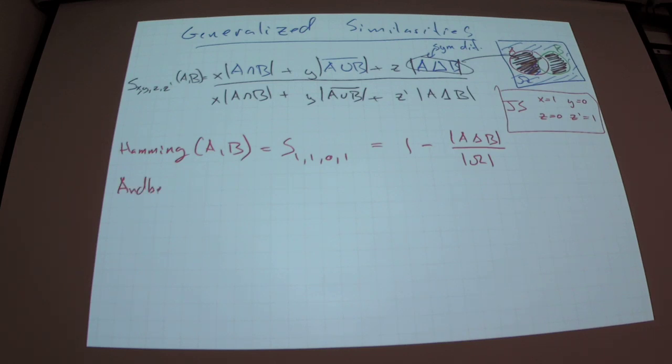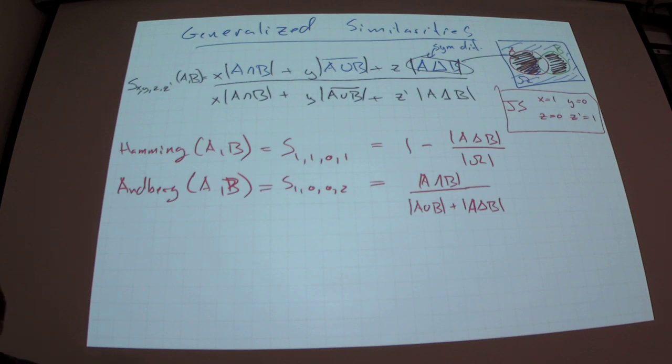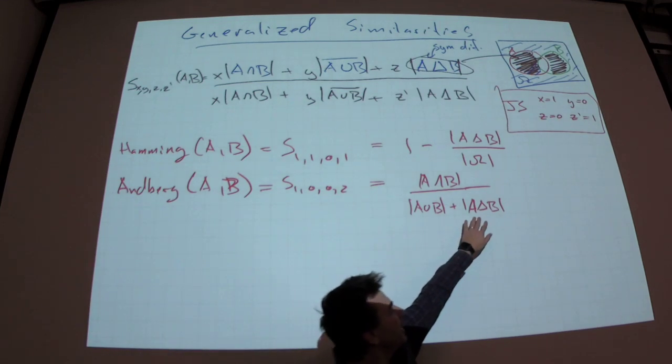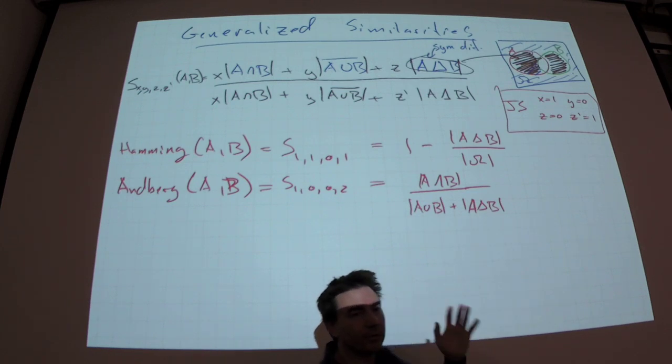So the Andberg similarity is going to be defined with parameters 1, 0, 0, 2. And the simplified form is the size of A intersection B divided by the size of A union B plus the symmetric difference of A and B. This looks a lot like the Jaccard similarity, but I'm weighting the symmetric difference a bit more.